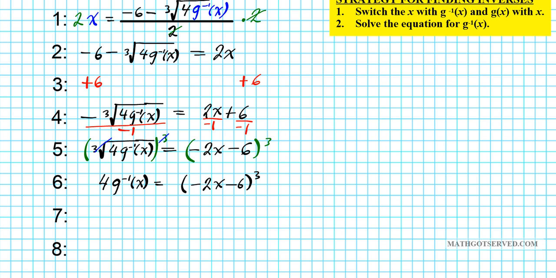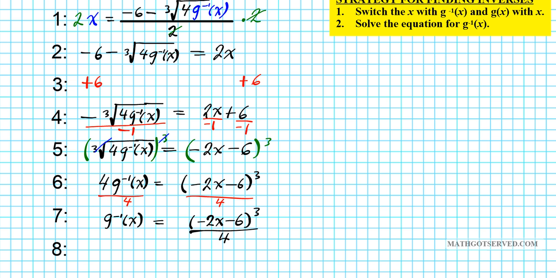Let's go ahead and do that. Divide by 4, divide by 4, and that yields the inverse, g inverse of x equals -2x minus 6 to the third power divided by 4.